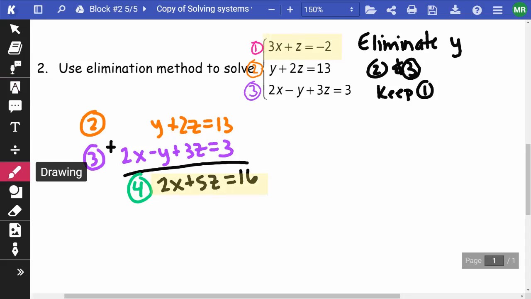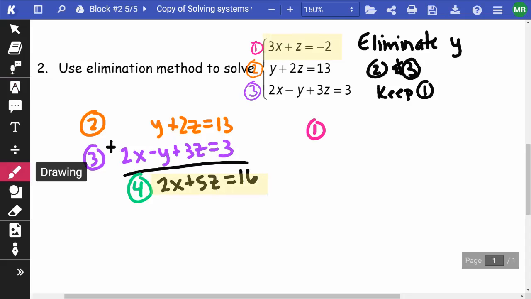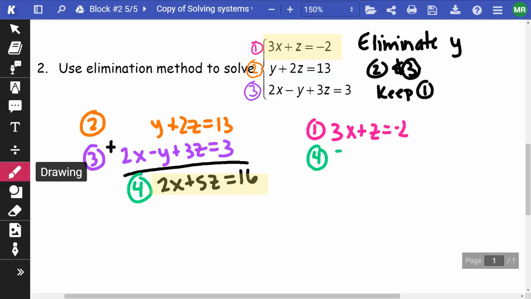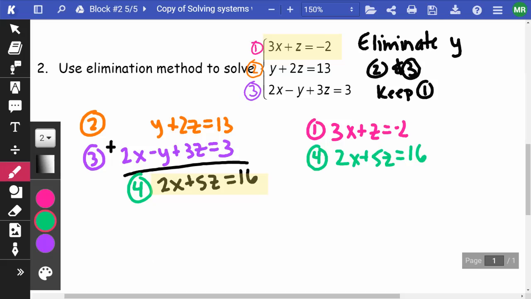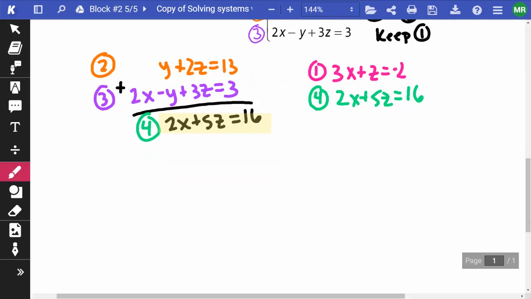So I'm going to take equation 1. Let me just write them over here so I see them together. And equation 4, 2x plus 5z equals 16. Looking at these, I think to solve this system, it's going to be easiest to get rid of my z's. So I'm going to keep number 4 as is.